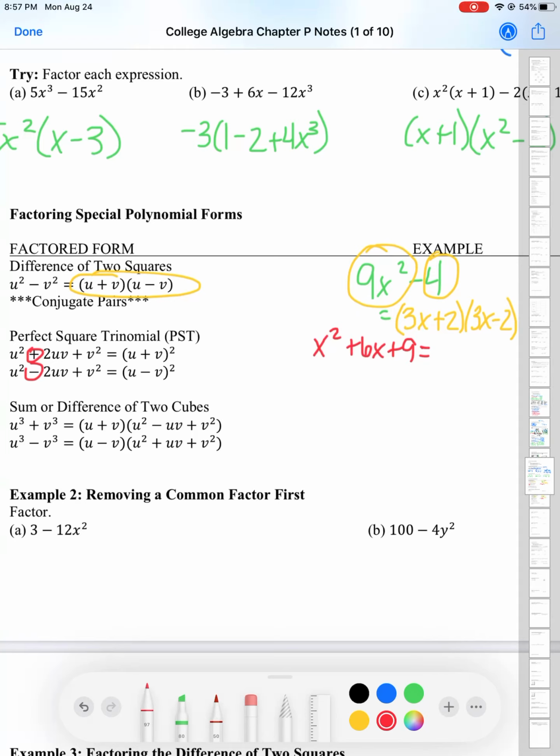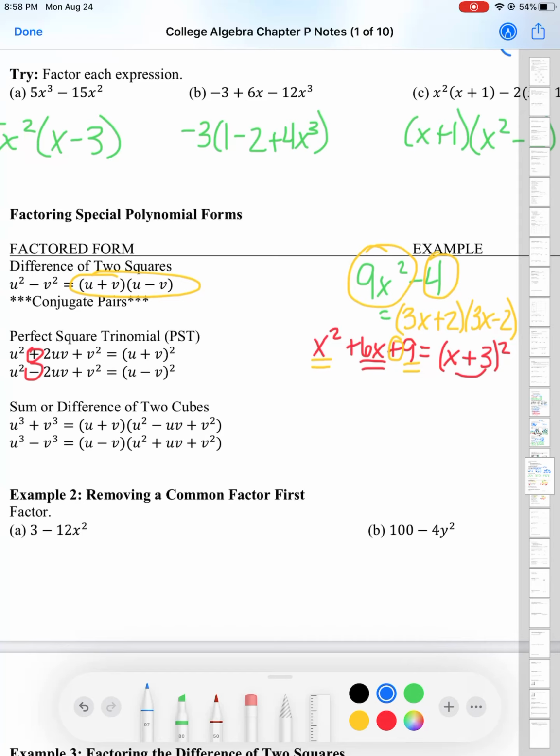So the thing about PSTs is this sign is always going to be positive, okay? Your first term is going to be a perfect square. Your last term is going to be a perfect square. So I can break my first term down. I can break my last term down. Now I just need to check double the squash. So as long as my double the squash is equal to this term right here, which it is, x times 3 is 3x, doubled is 6x, I'm good. That's a PST.